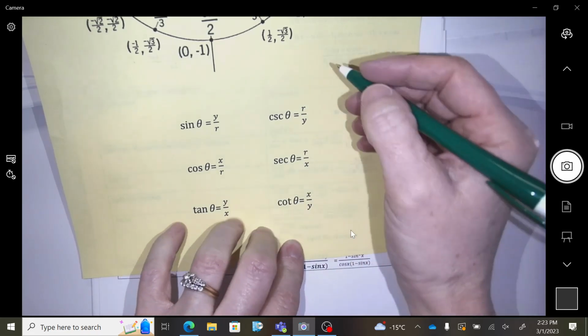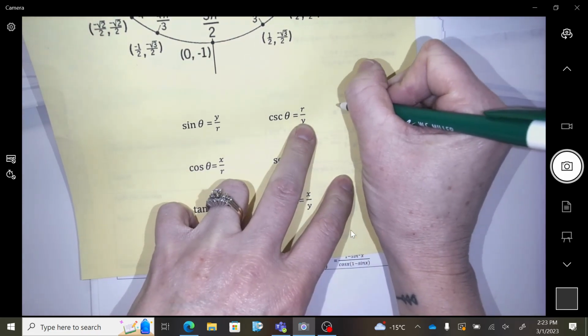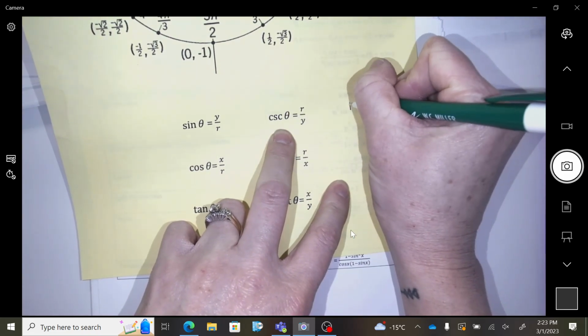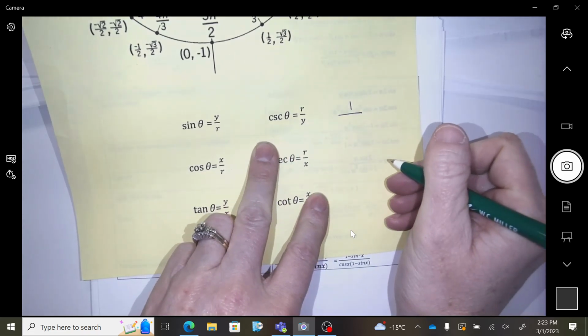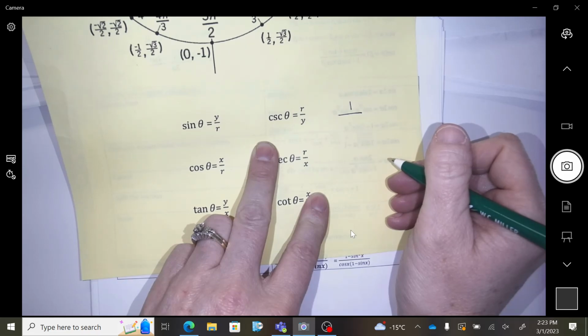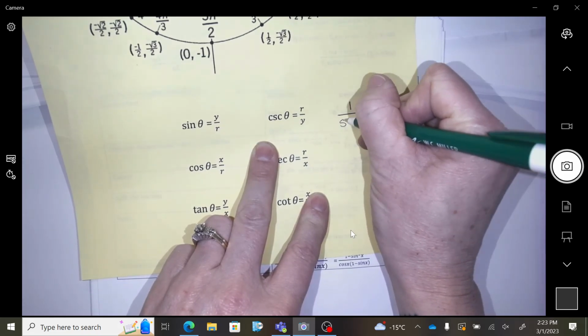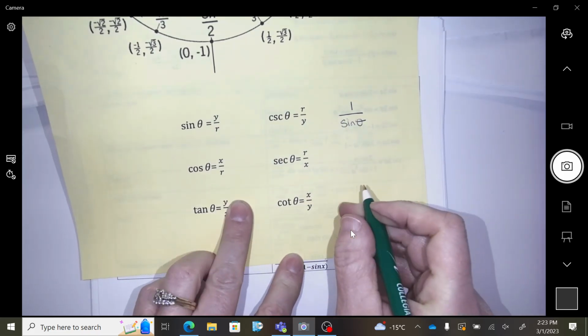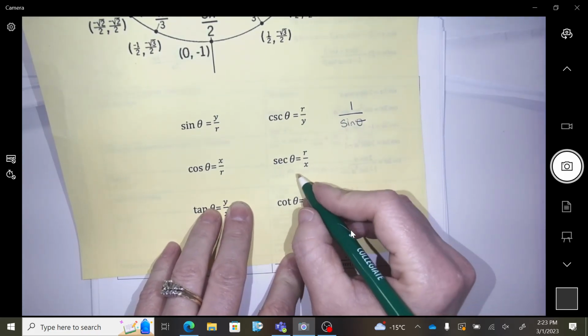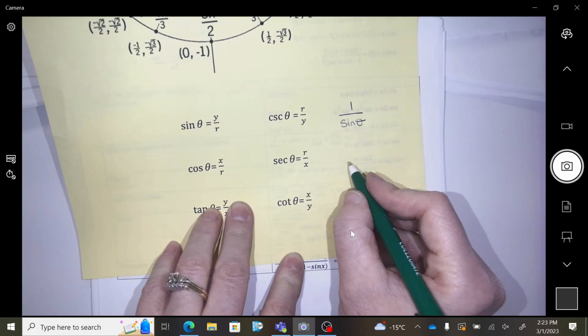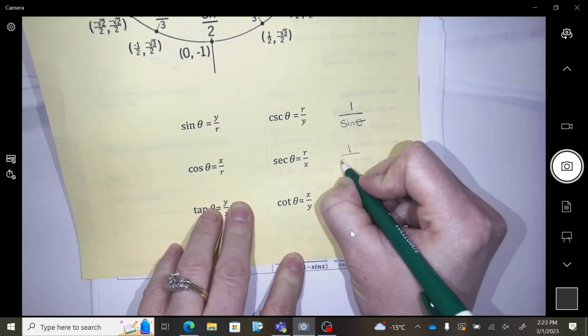Cosecant of an angle could also be substituted with 1 over, you tell me, cosecant is 1 over, it's the flip of which one? Sine. And secant could be replaced with 1 over cos.